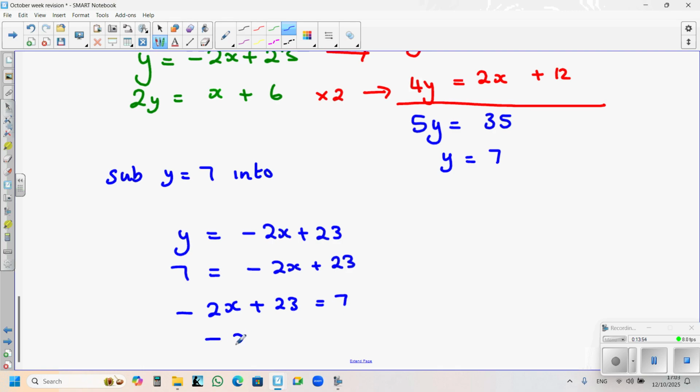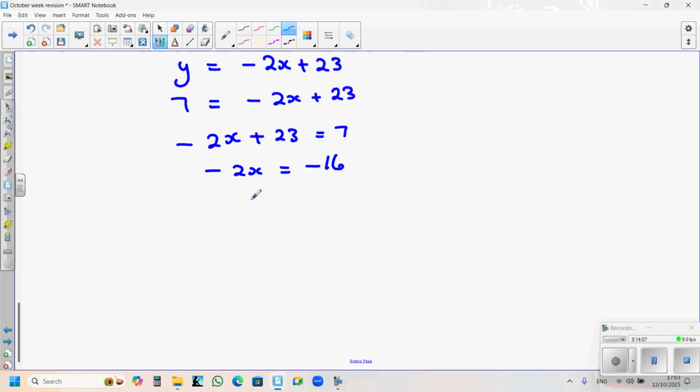So -2x, take 23 away from both sides, that gives me -16. So I'm going to finish that off, divide by -2. So x is equal to, negative signs cancel, 16 divided by 2 is 8. So the point of intersection, x comes first, is 8, and the y coordinate we know was 7. So we cross at (8, 7).